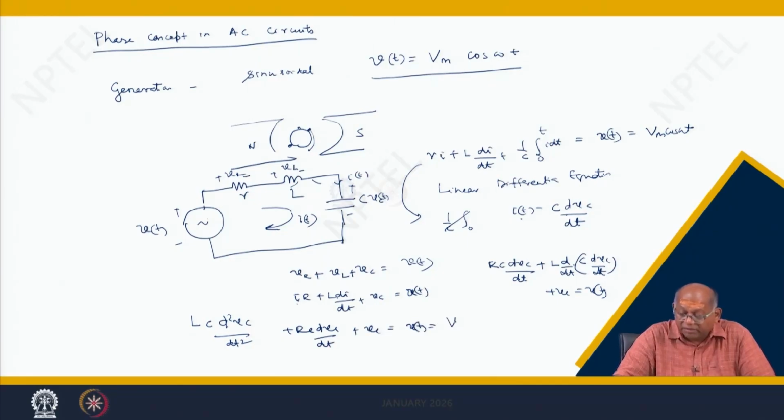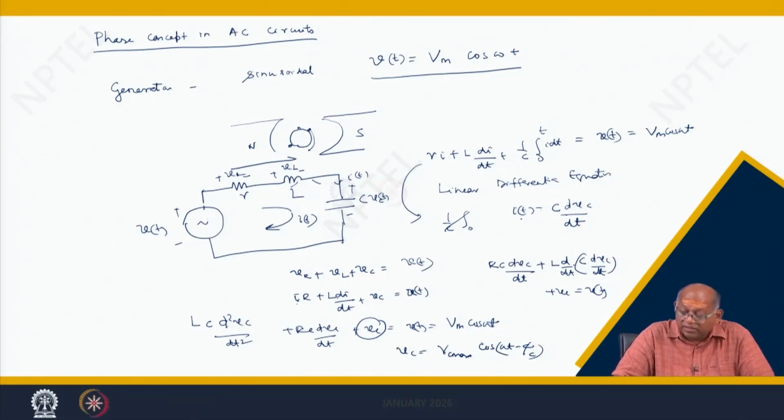And what is V t? V m cos omega t. If you solve this equation, V c will turn out to be also sinusoidal or cosinusoidal. It will be some V c max cos omega t minus some phi c. This will be the solution.